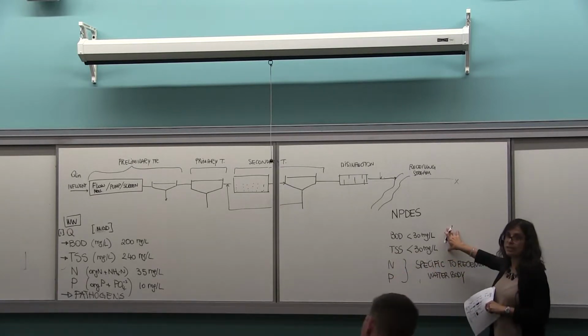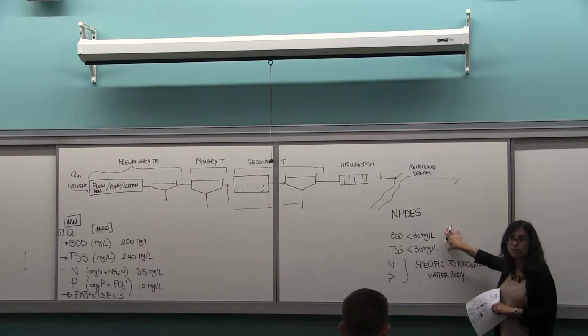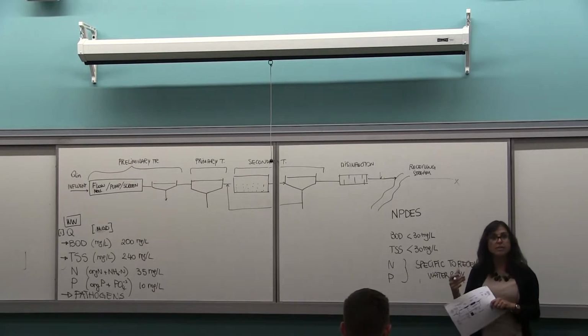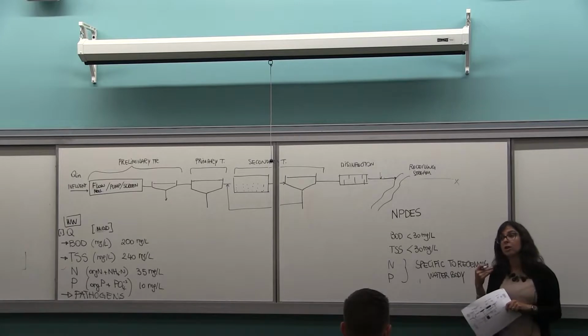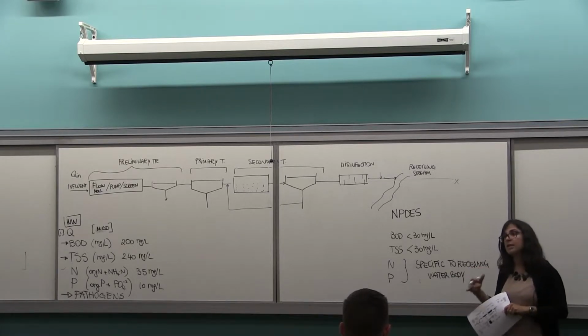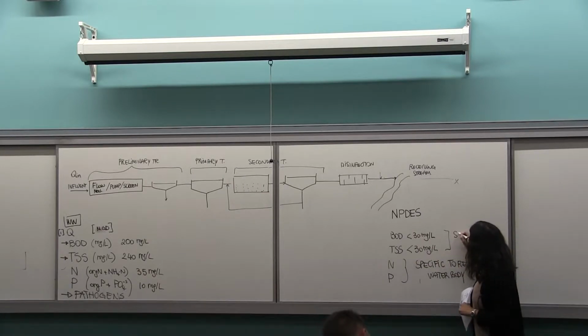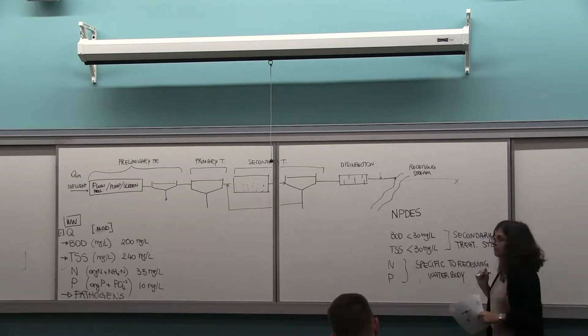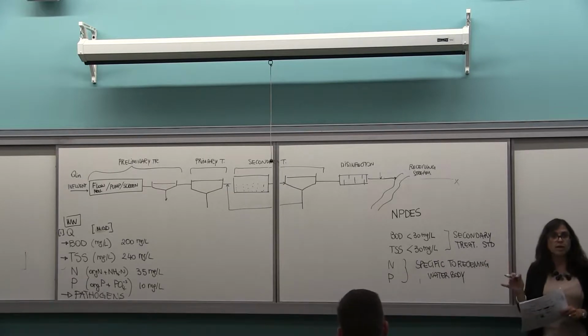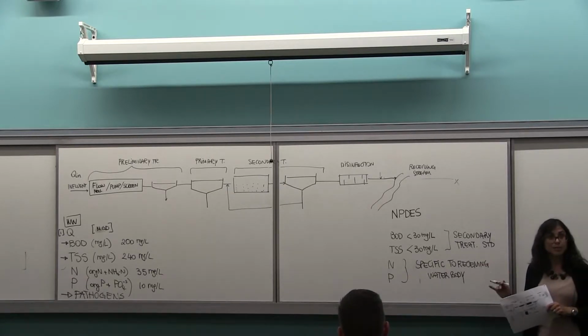These are the national, the federally regulated values. At least you have to have what we call secondary treatment. Secondary treatment standards are this. So every wastewater plant needs to treat at least BOD and TSS below those values.